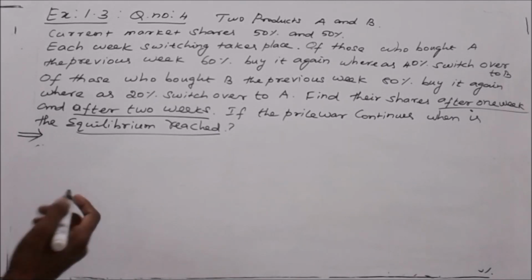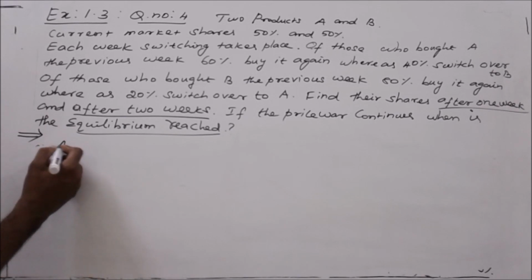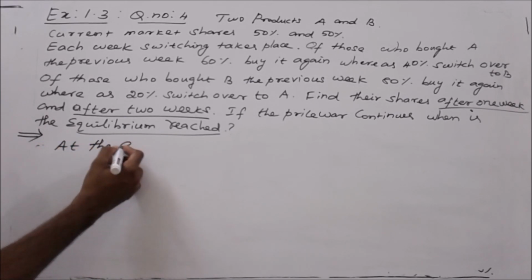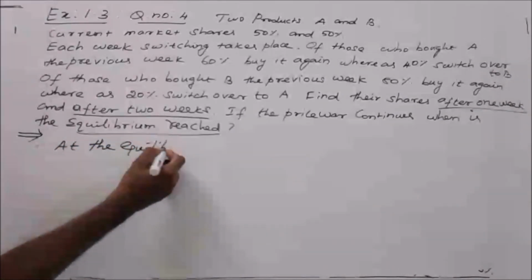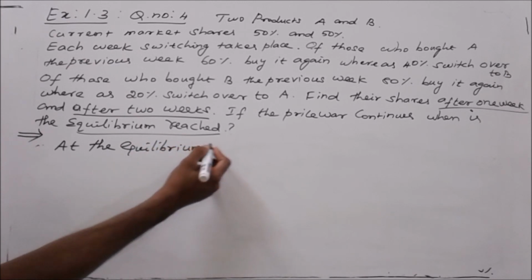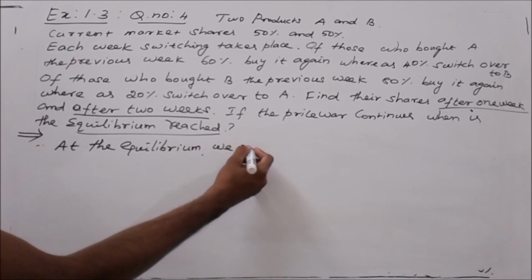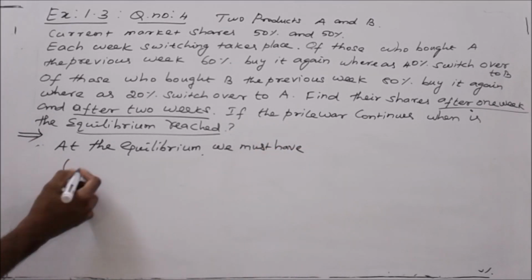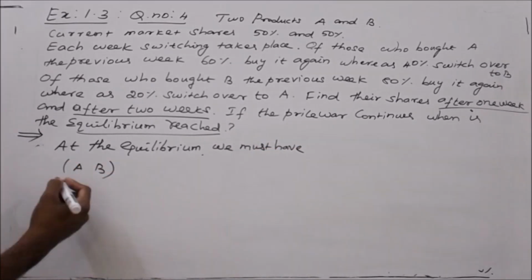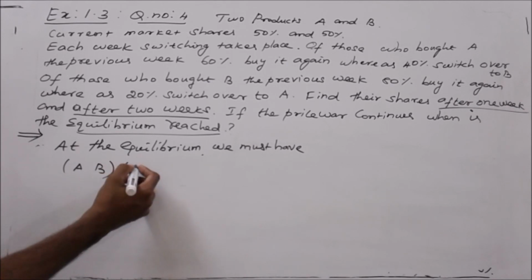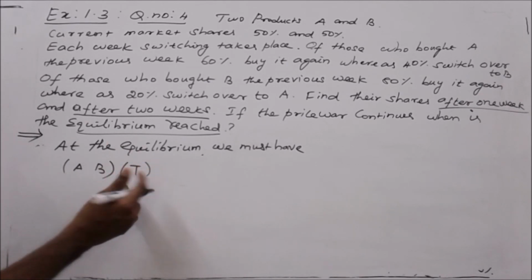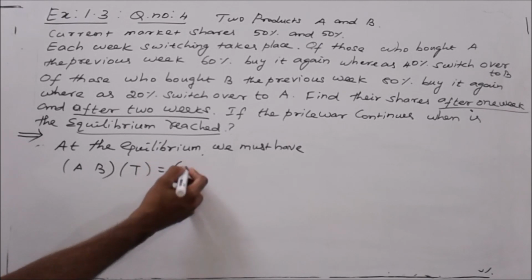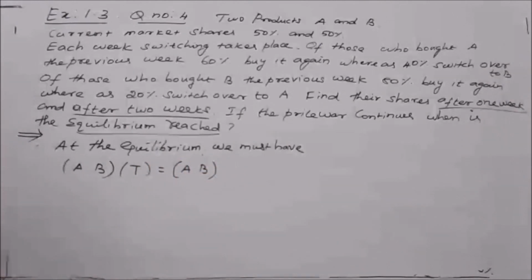At the equilibrium, we must have the probability distribution multiplied by the transition probability matrix equal to the same distribution value.